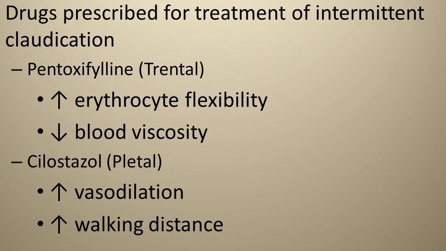It decreases blood viscosity by inhibiting platelet aggregation and decreasing fibrinogen, and thus increases blood flow in the extremities. So that's how it works, along with cilostazol, Pletal, which increases vasodilatation, and again increases walking distance.